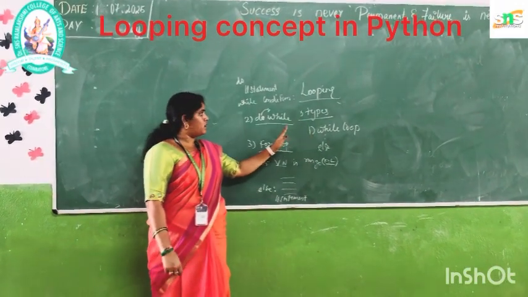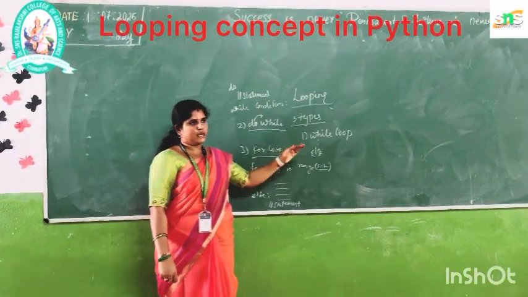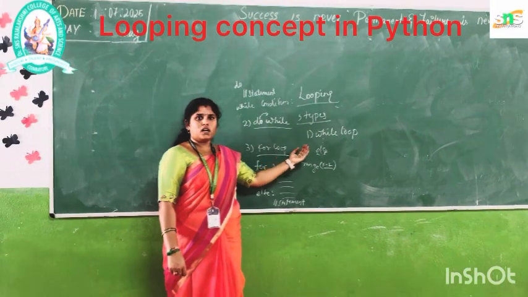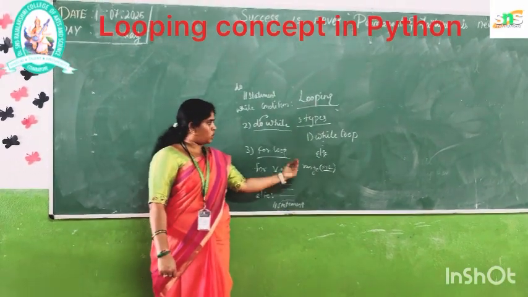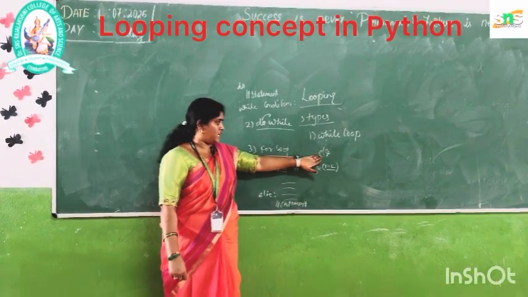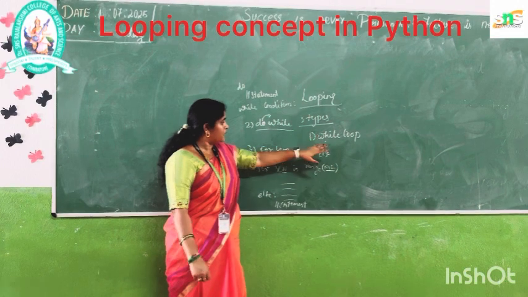The main concept of adding the else part is the false case. If the condition is false, what are the statements to be included at the end? It is executed only at the end of the statement, that means after coming out from the looping, only then the else part is executed.